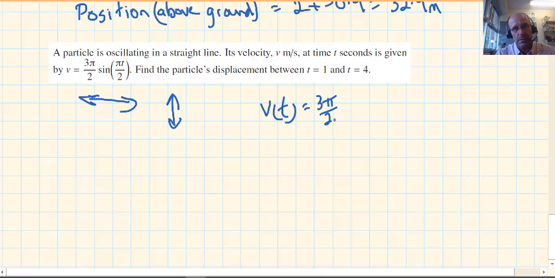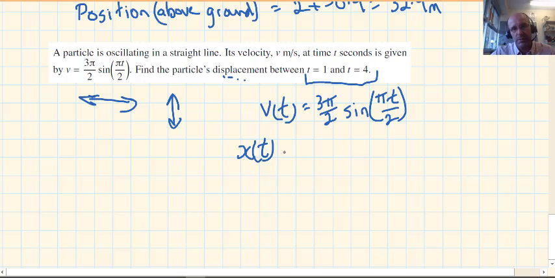It's a trig function. We've got to find the particle's displacement between t equals 1 and t equals 4 seconds. So let's integrate velocity if we want to get a function for displacement.